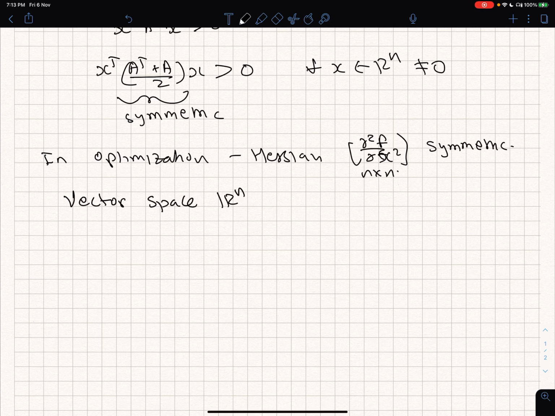Second, if I scale this vector in Rn, that is, I look at alpha times x, where alpha is a scalar, a real number, then alpha x is also in Rn.